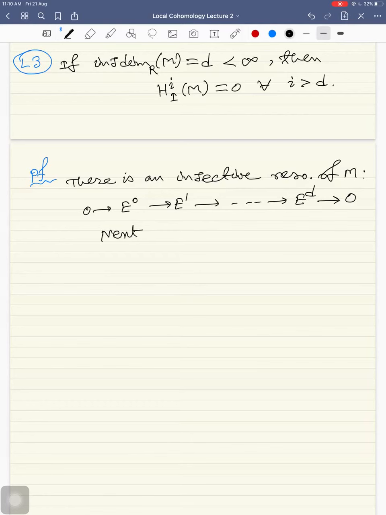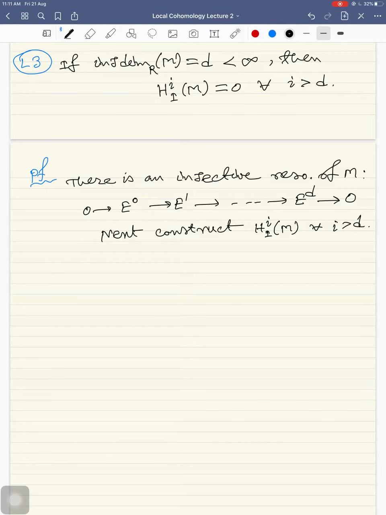Since from D plus 1 onwards everything is 0, the ith cohomology from D plus 1 onwards is 0. So for i greater than D, you will get 0.